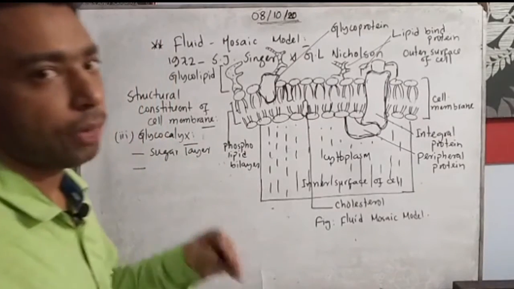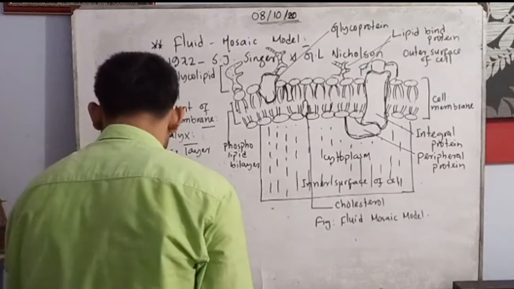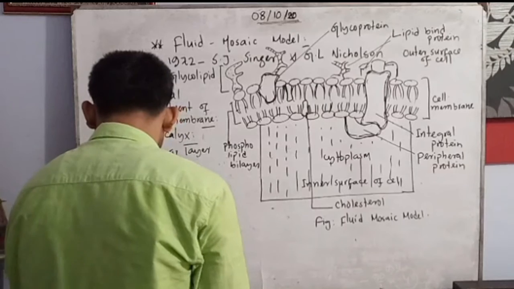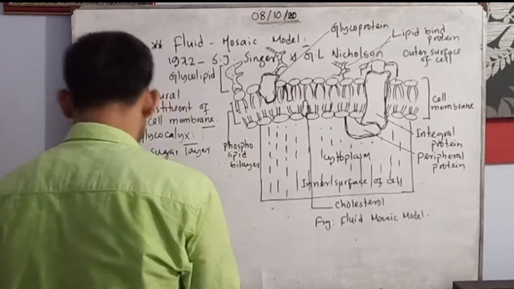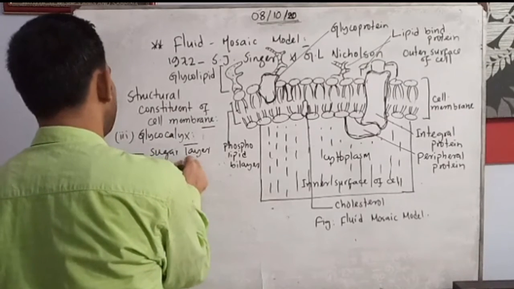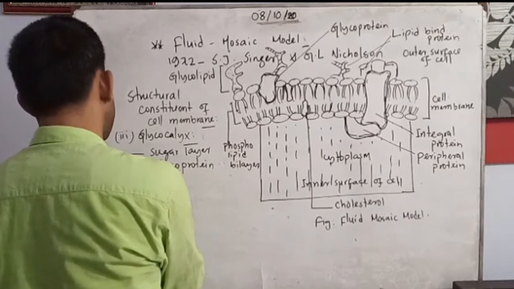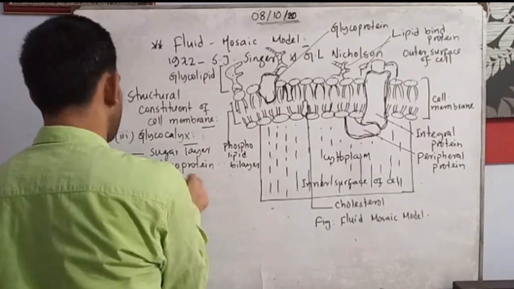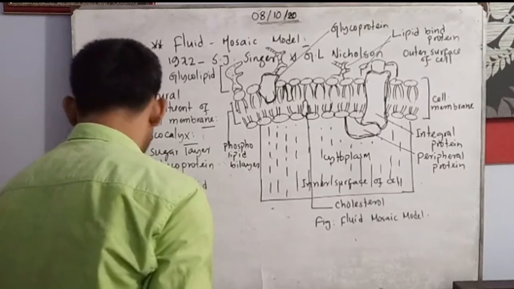I don't give you the definition now because the glycocalyx is very important for asking in the exam. Glycolipid and glycoprotein. Glycoprotein and glycolipid bound together is called glycocalyx.